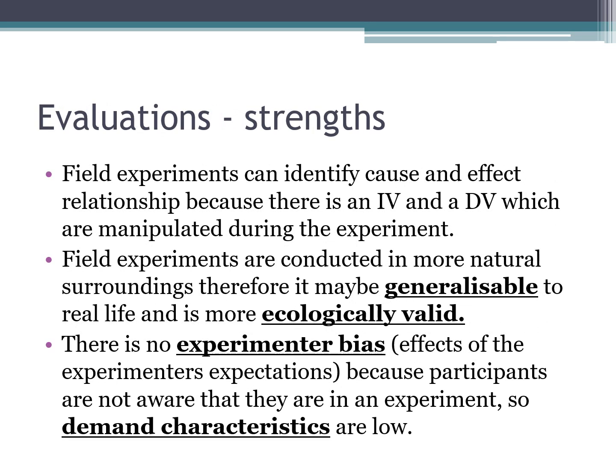So advantages of field experiment: they can still identify cause and effect because you are still manipulating an independent variable and you are still measuring its effect on the dependent variable. They are conducted in more natural surroundings, so it may be more generalizable to real life in the sense that you're likely to have a more representative sample of people within that situation.